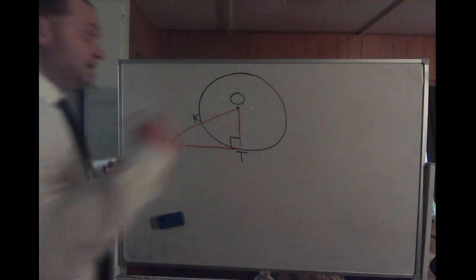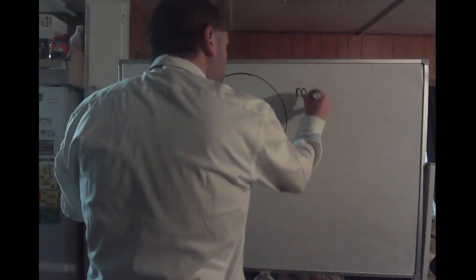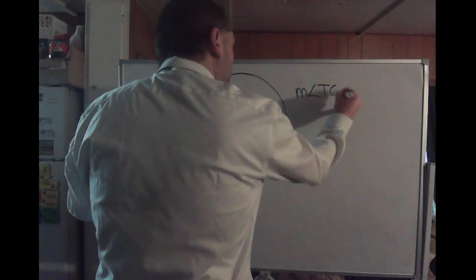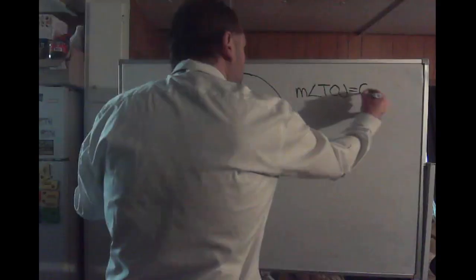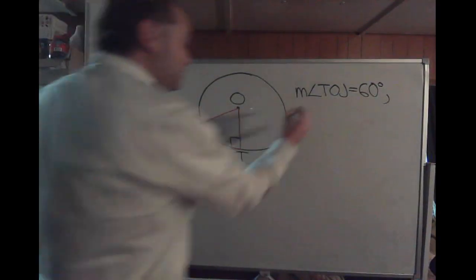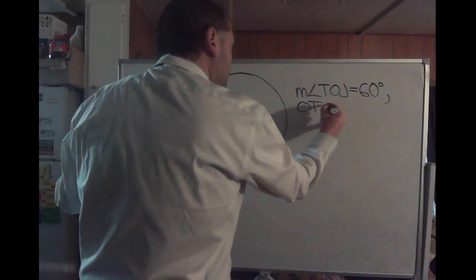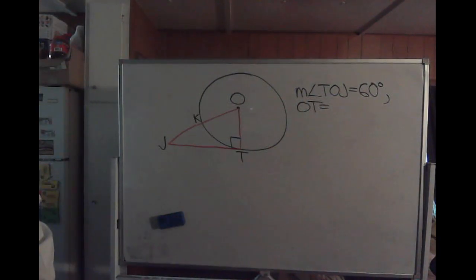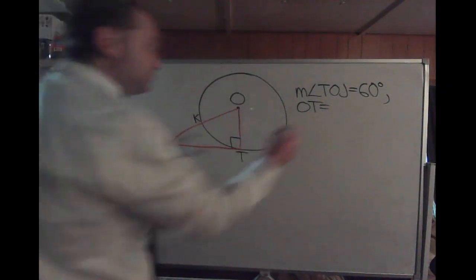Alright, so this time they give you that the measure of angle TOJ equals 60 degrees. What else do they give you? They give you that OT equals 6.